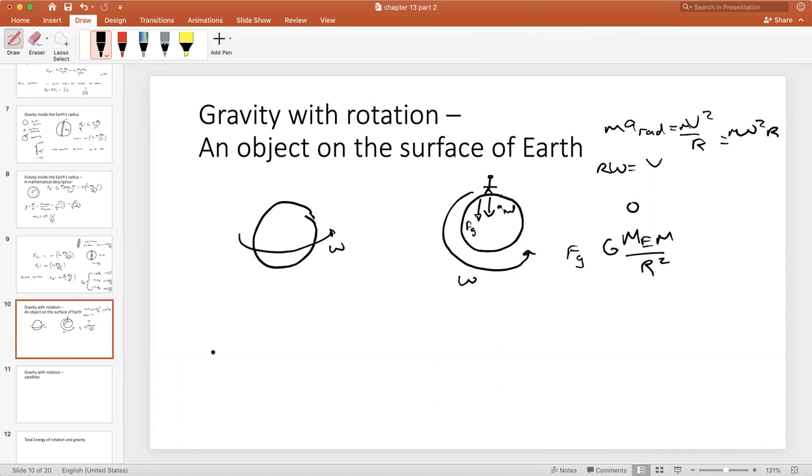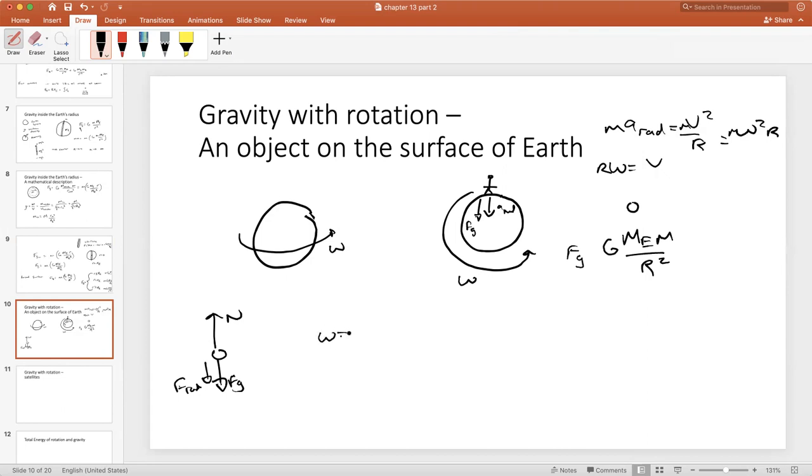So if we draw a free body diagram, we have force of gravity, we have the force radial, and we have some normal force pulling up. And this normal force is actually the weight that we see on, say, a scale. So we want to determine what this is and how much it is affected by the rotation of the Earth. Okay.